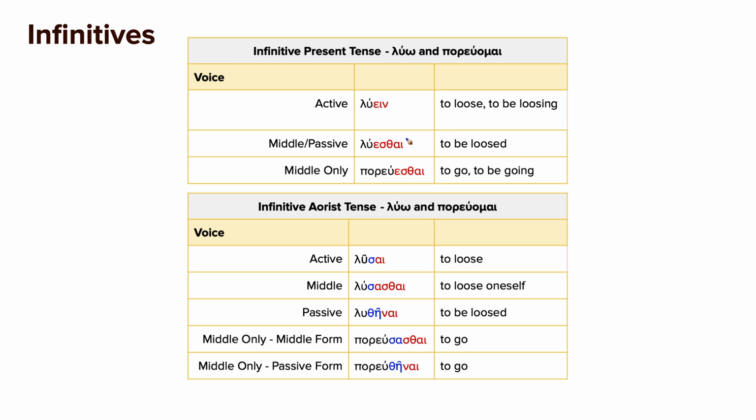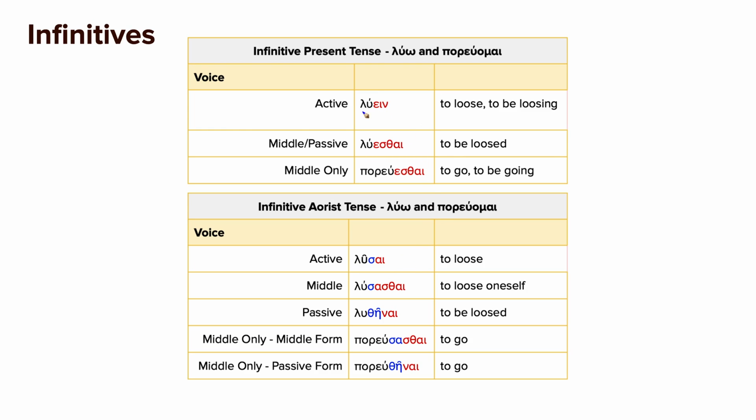To be walking is kind of ongoing. That's when you would use the present infinitive. But if it's something general, like I want to walk, like in general, I like to walk, that would be more of an aorist type of idea. So without going into too much detail there, I just want to give you an example in English. I want to be walking versus I like to walk.